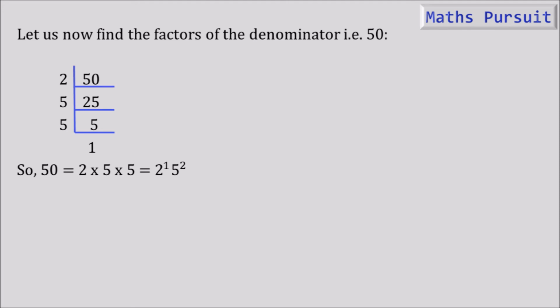Or we can say that 35 by 50 is equal to 35 by 2 to the power 1 into 5 to the power 2. Now guys, here our main intention is to make our denominator 2 to the power 2 and 5 to the power 2. If we look at the denominator, we have 2 to the power 1 and 5 to the power 2. So let's make 2 to the power 1 into 2 to the power 2.